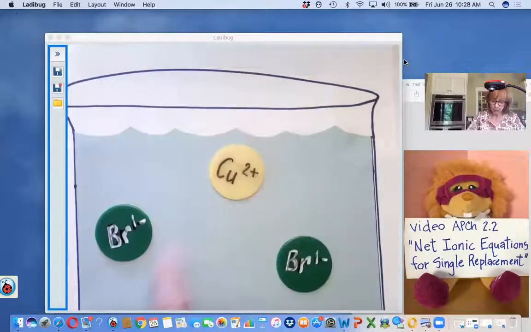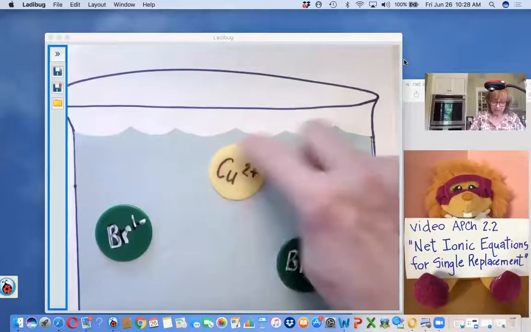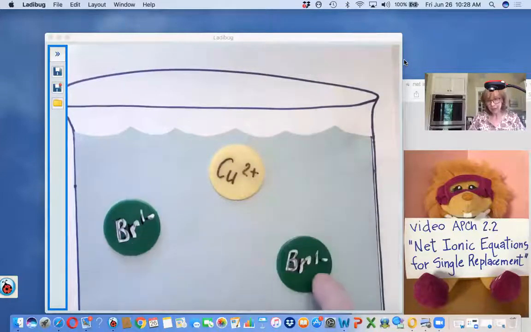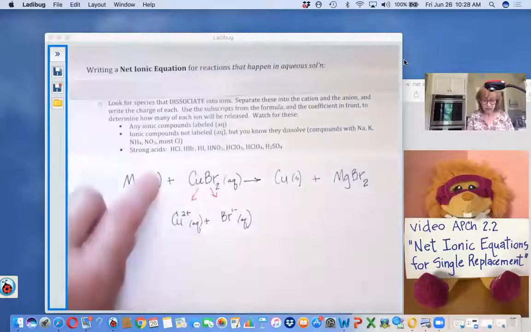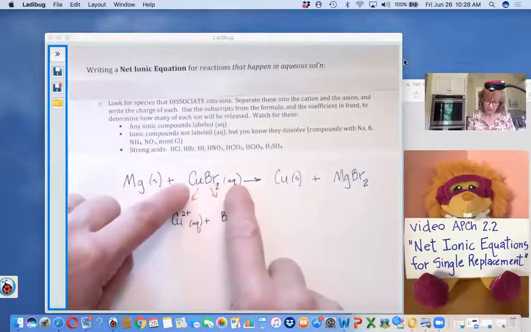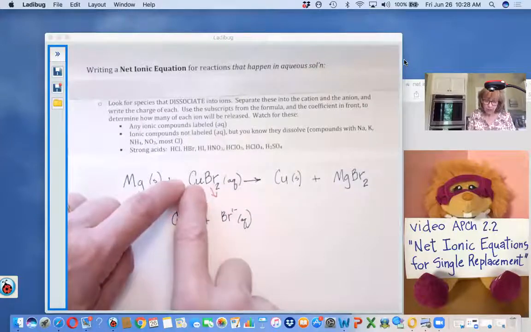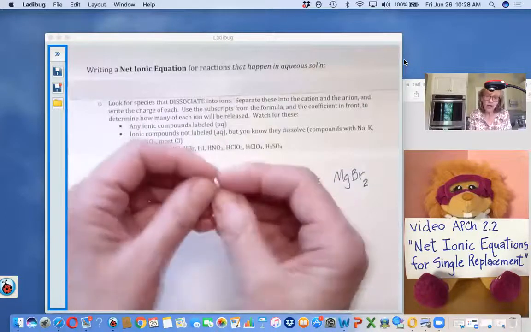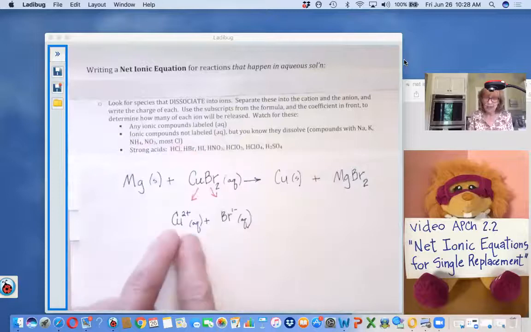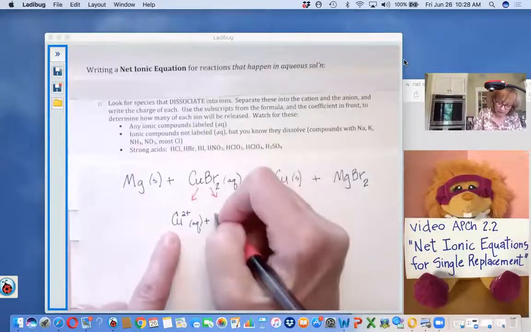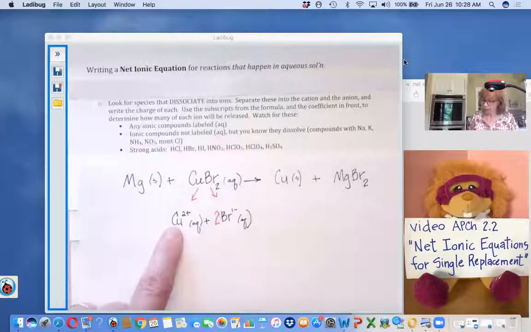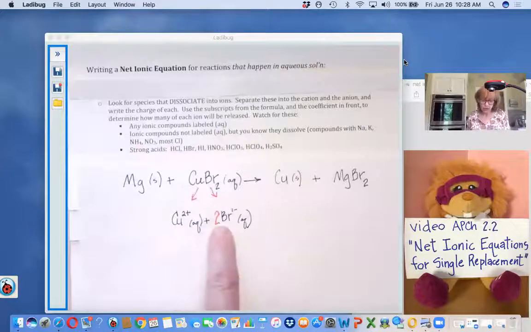Notice that I ended up with one copper cation and two separate bromides. So when it was in its solid state or before it went into solution, the copper and the two bromides were all ionically bonded to each other. But now that they're in solution, I have one copper and two separate bromides.